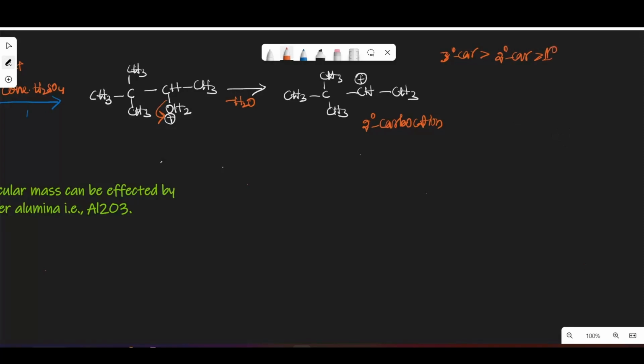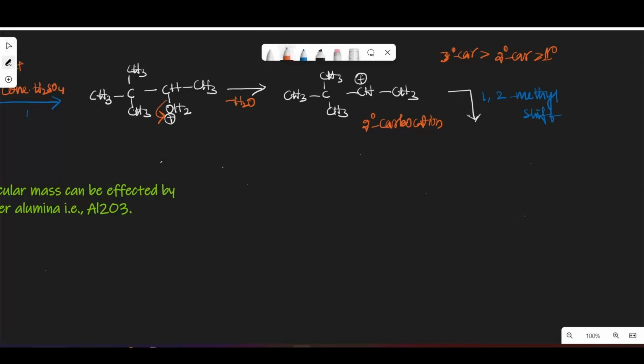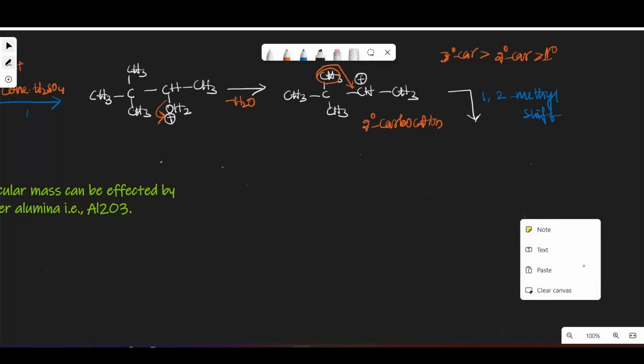So here this 1,2 methyl shift takes place. This methyl will be shifted towards this carbon, and on this carbon we will get the positive charge carbocation.